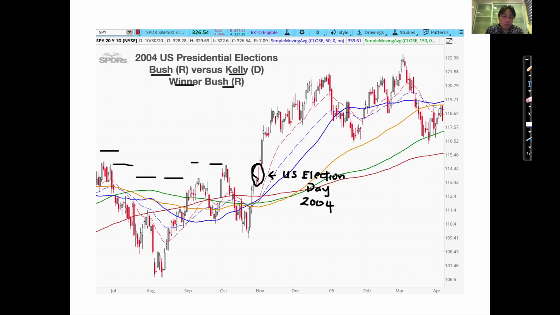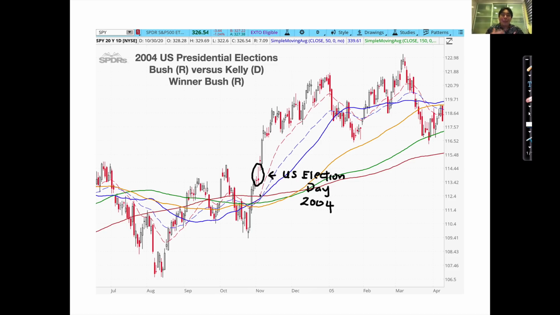Okay, so moving to election, the market rallied to election day, gapped up slightly, and the market then continued going up. Why? Because again, going into the election, the market was already on an uptrend, right? So it's just following the trend. So you can see here again the 50 moving average above the 150 moving average, and the price above the 200 moving average.